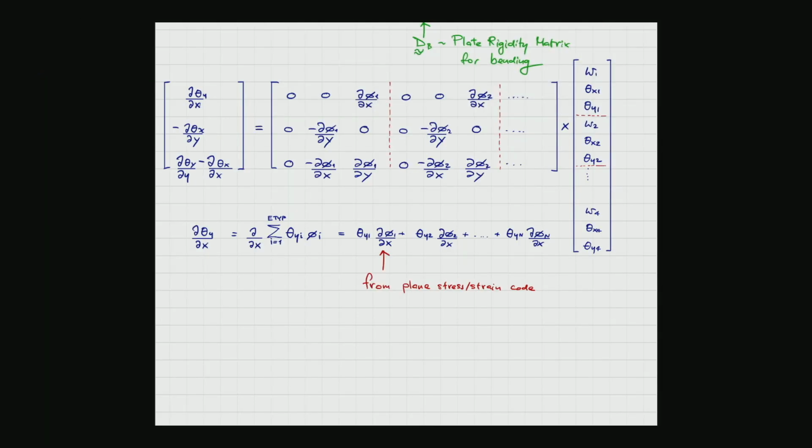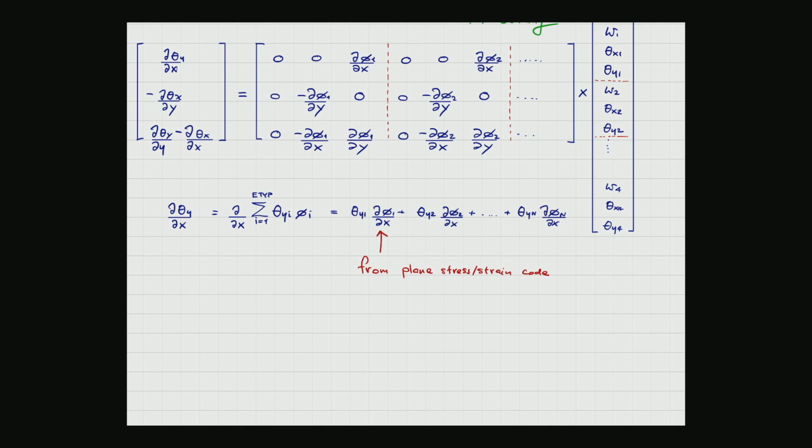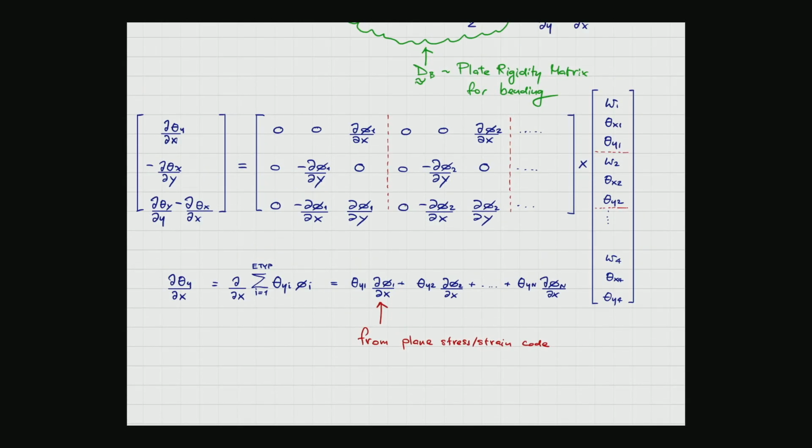So this is easy. You just evaluate everything at the xi and eta values at the integration points, and these are going to come out from your code. I uploaded and gave it to you.